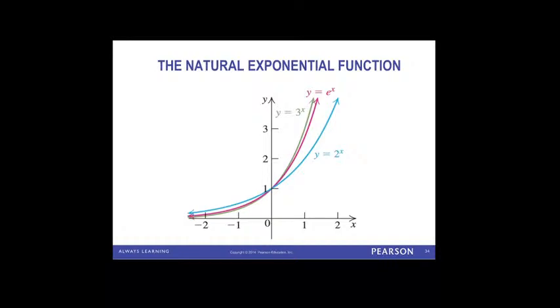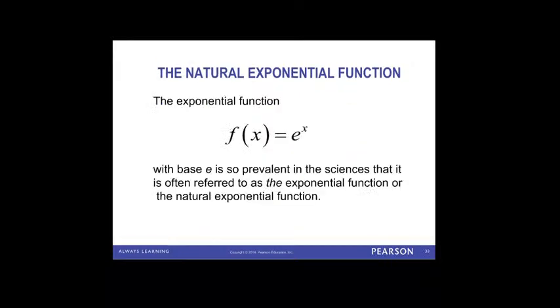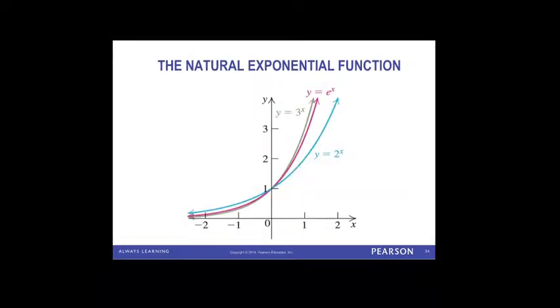So then that's why this graph is between the exponential function base 2 and exponential function base 3, right? But it still has the same general shape of an exponential. So base e, or the natural base, the natural exponential function is in red, which you see.